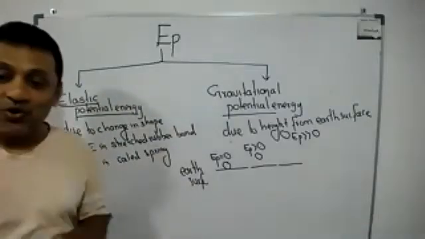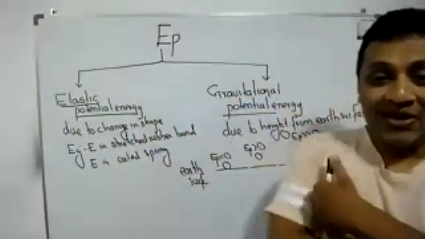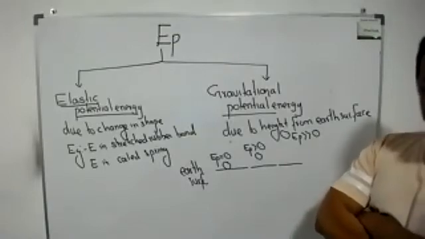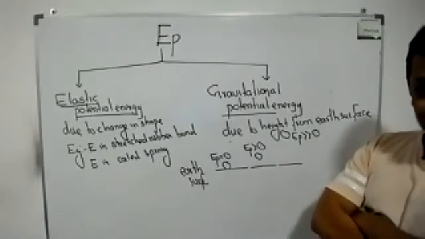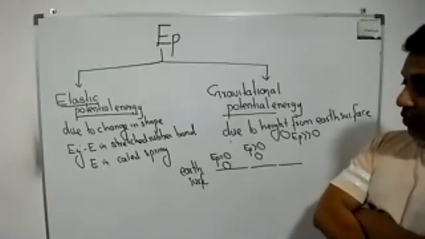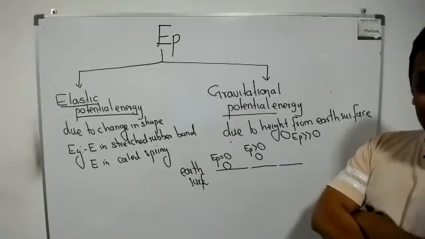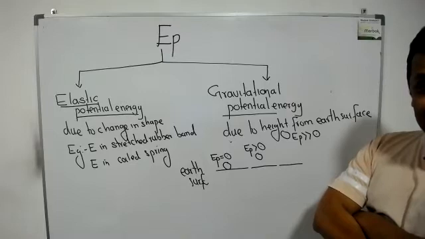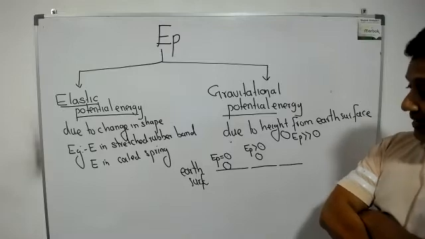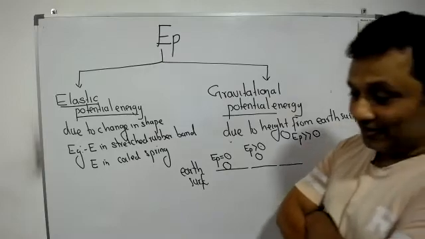So, if you go to taller places, what is happening to the potential energy? Potential energy is increasing. So that is gravitational potential energy.